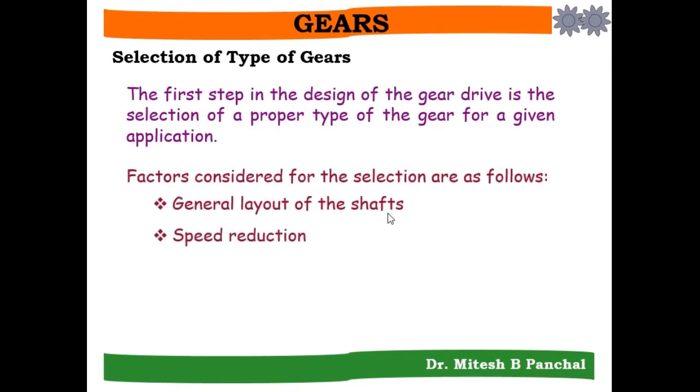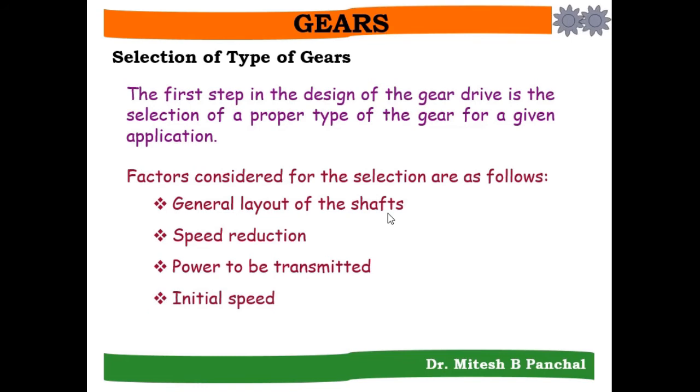Next is the speed reduction. Worm gears, as we have discussed, are used for the higher speed reduction. Next is the power to be transmitted. Depending on the high power transmission or low power transmission, accordingly the type of gear can be selected.